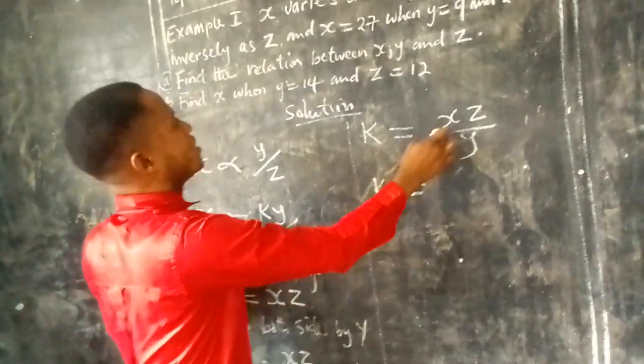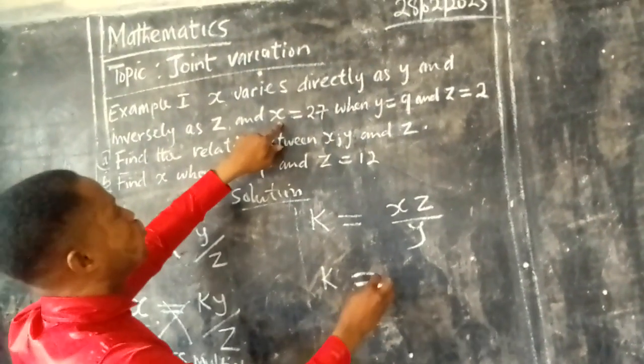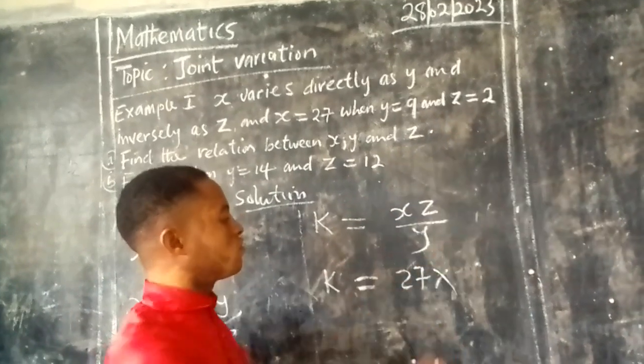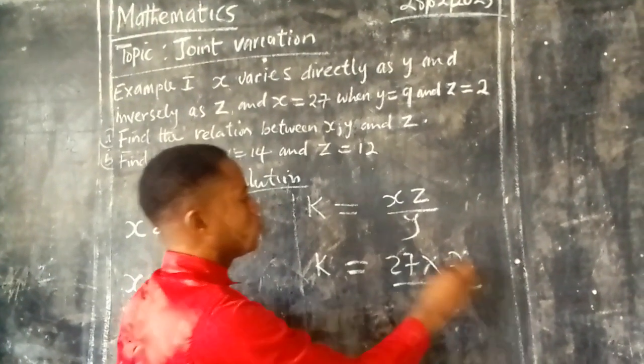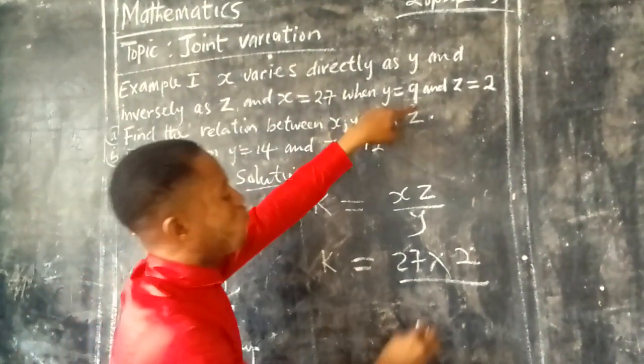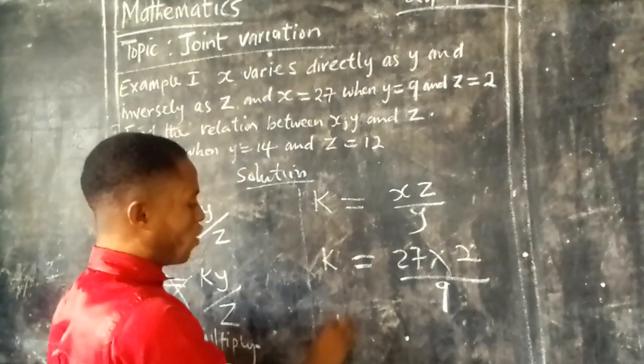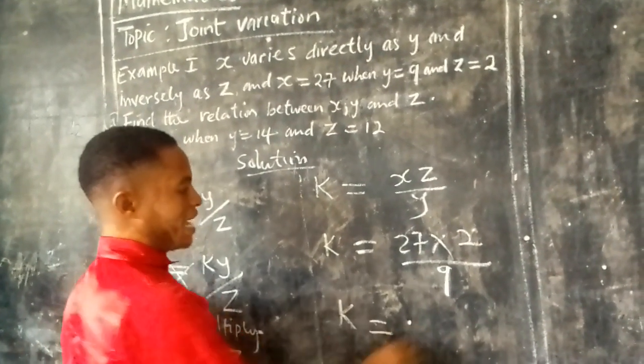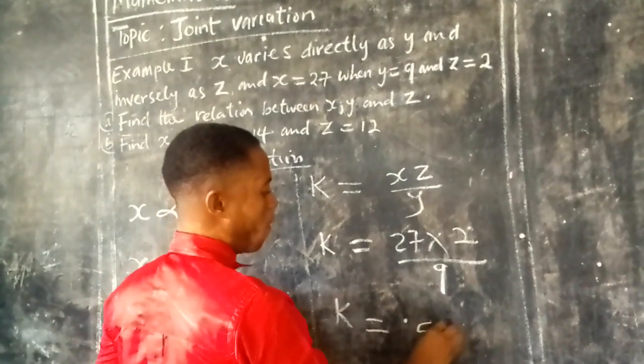So when you finally find k, it will be equal to, what's the value of x? x is 27, times z. The value of z is 2. 27 times 2, divided by the value of y, which is 9. 27 times 2 will give us 54.